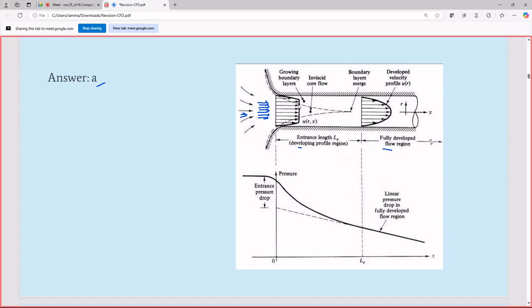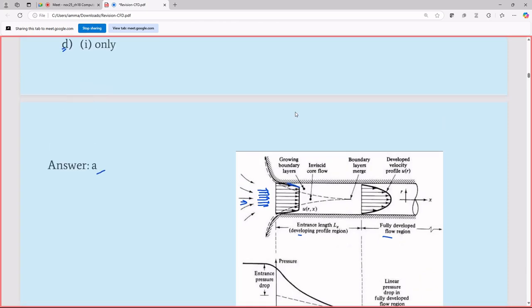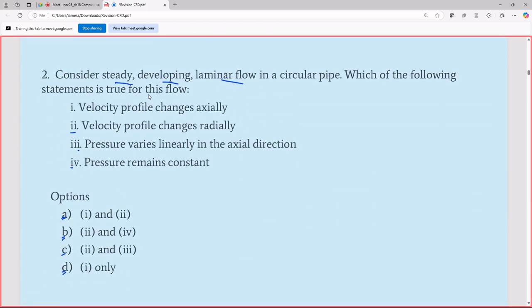In the developing length, you can see some portion is still keeping the actual velocity intact, but there is a steady change in gradient towards the boundary locations. From this we can see that in the developing length the velocity profile changes axially.